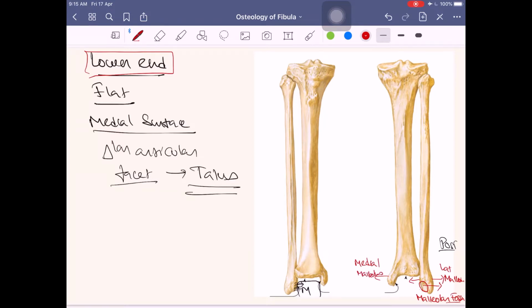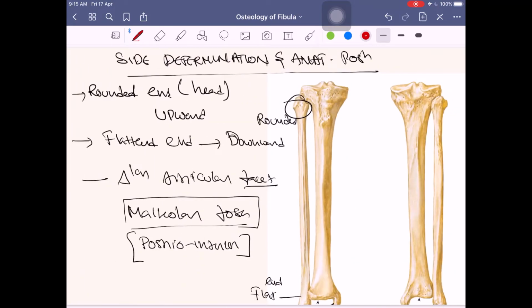So these are in brief about all the three parts of a long bone. Now this will help us to decide the side and anatomical position. So for side determination, as I told you, you have to hold the bone vertically in such a way that your upper end, which we call the head, should be rounded, and then your lower end should be flat anteroposteriorly, and that should be held downward.